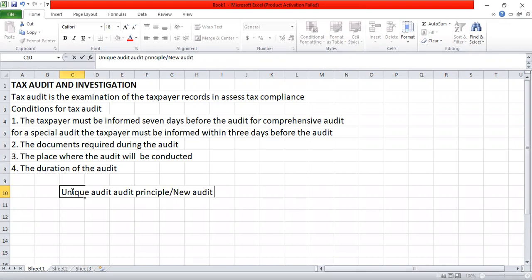In the normal course of auditing, a taxpayer is supposed to be audited once. So in the new audit, what we are looking at are those circumstances where a taxpayer is going to be audited more than once in a given tax and in a given tax period. That's what's called a new audit, or sometimes called a unique audit principle.